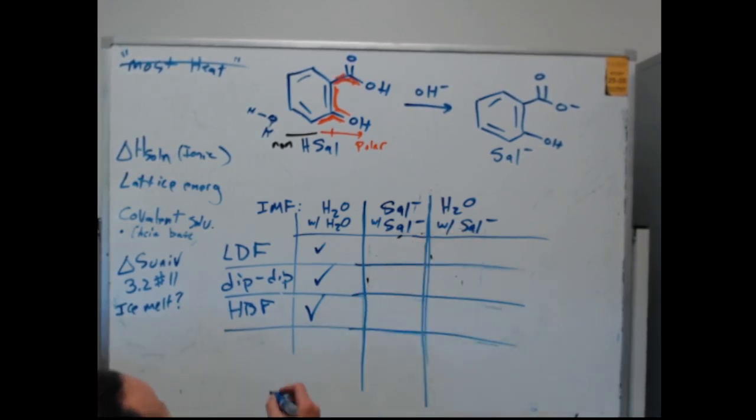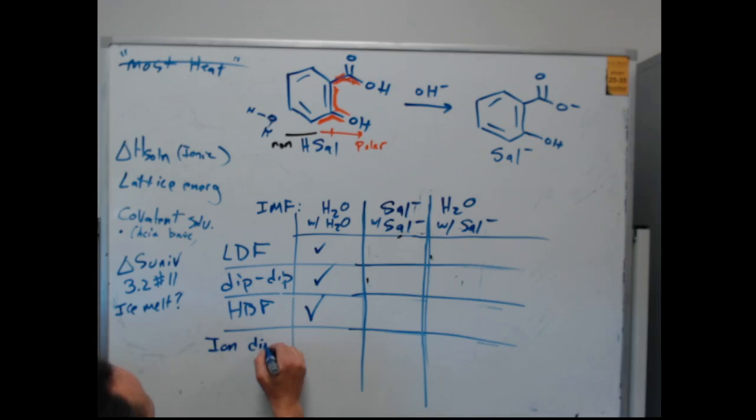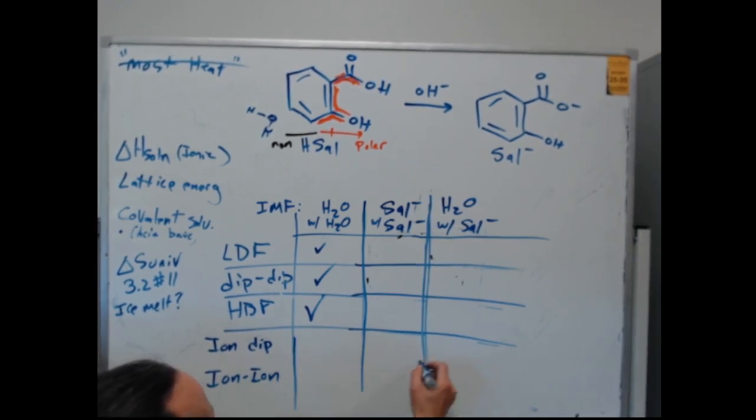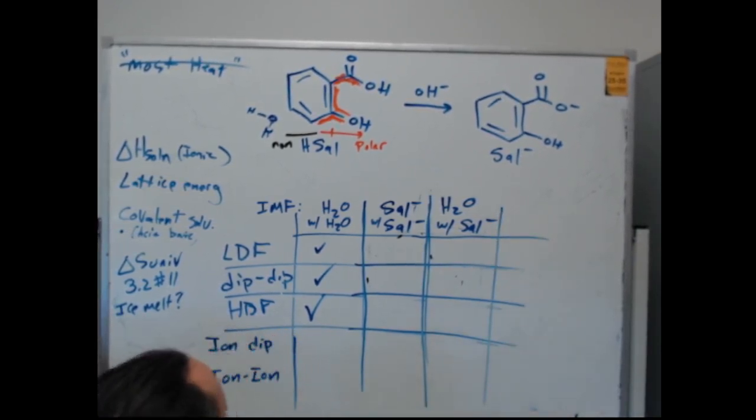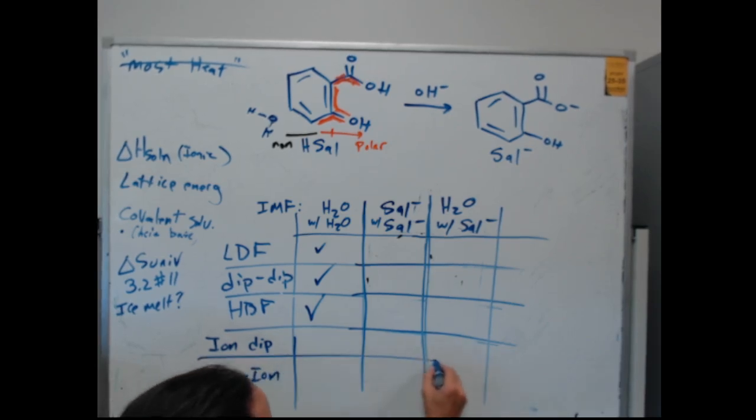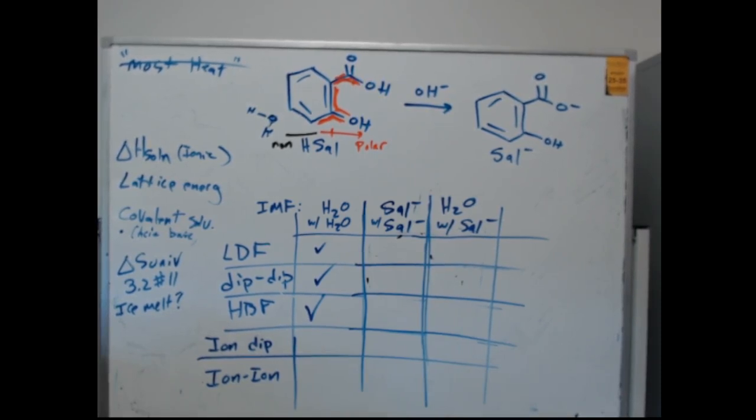So I'm going to have to look at ion-dipole and I'm going to have to look at ion-ion. An ion-dipole is stronger than hydrogen bonding force, and ion-ion interactions are even stronger than that.